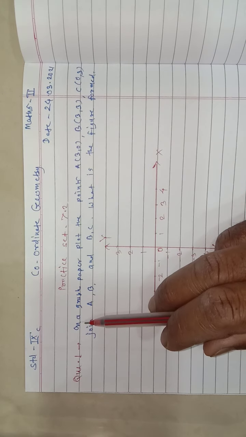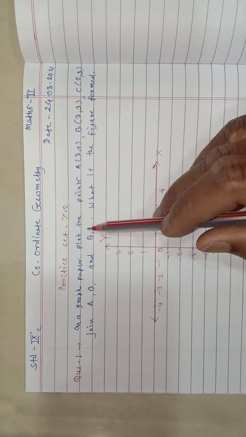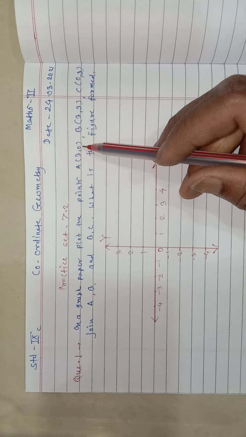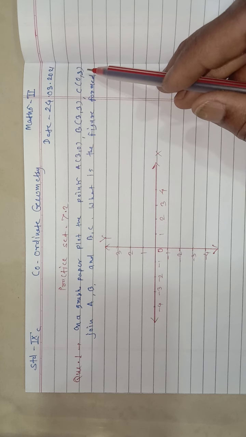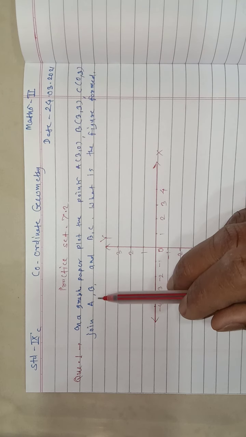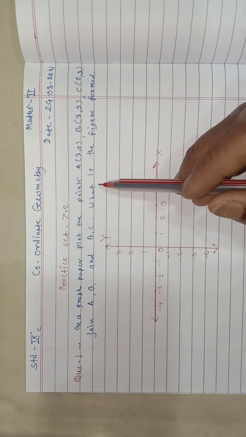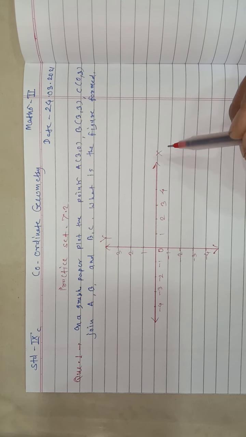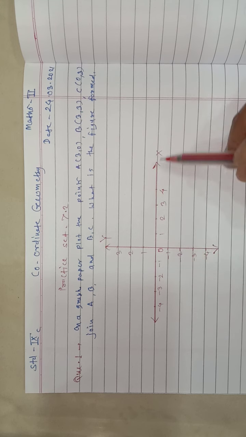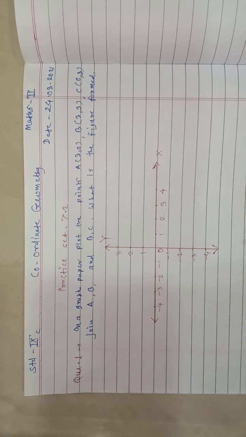The first question is: on a graph paper, plot the points A(3, 0), B(3, 3) and C(0, 3), and join AB and BC. What figure is formed? We draw the x-axis and the vertical y-axis.